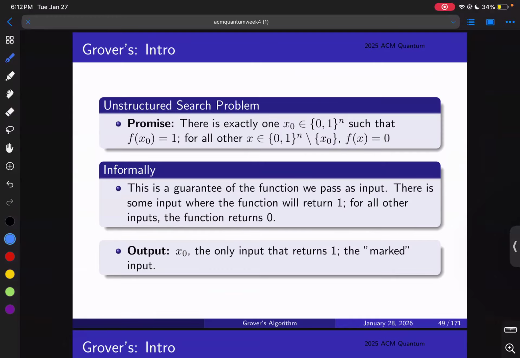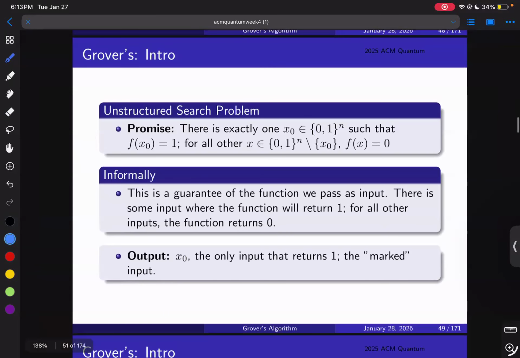Questions on the problem statement for Grover's? Is this like for cryptography, like a key that we need to find? It could be used for cryptography, I guess. But you might be thinking of Shor's, where you have to decode RSA numbers, which are huge numbers.